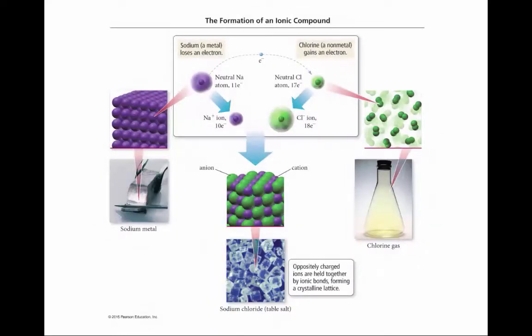And so here we've got our sodium metal with 11 electrons, one valence electron. It loses that one valence electron going over here to the chlorine atom that has 17 electrons and 7 valence electrons.